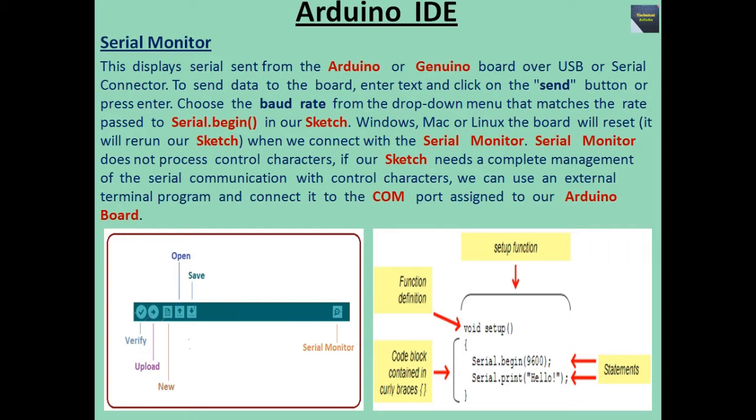Windows, Mac or Linux, the board will reset when we connect with the serial monitor. Okay, serial monitor does not process control characters. If our sketch needs complete management of the serial communication with control characters, we can use an external terminal program and connect it to the COM port assigned to our Arduino board, right?